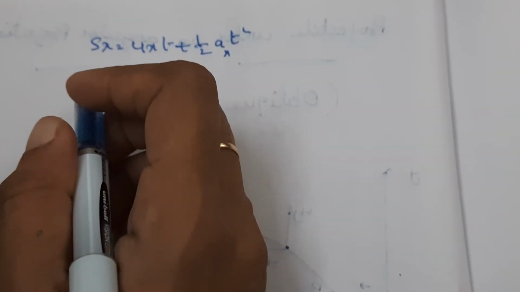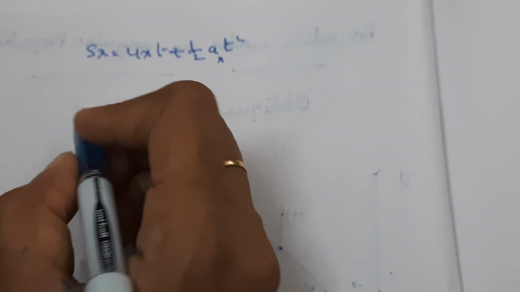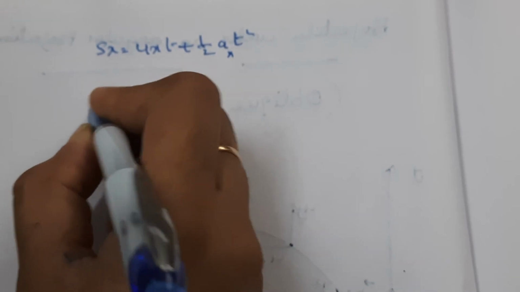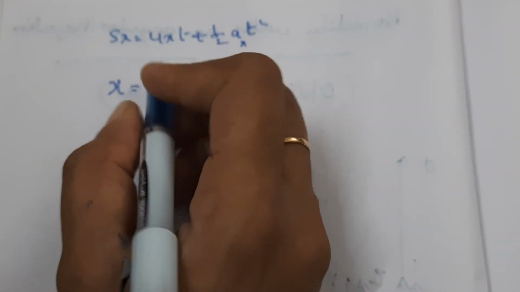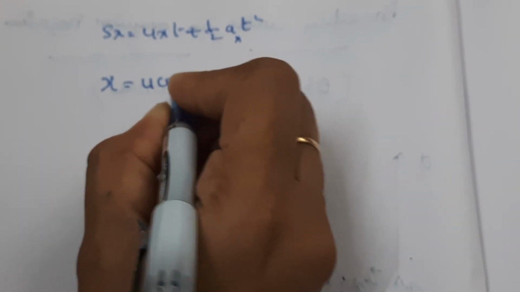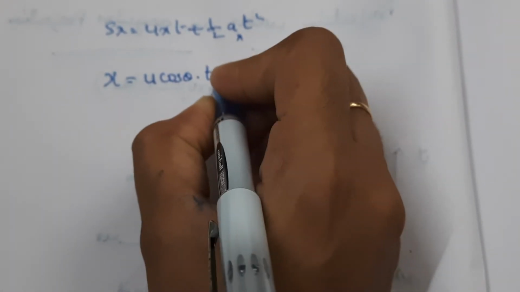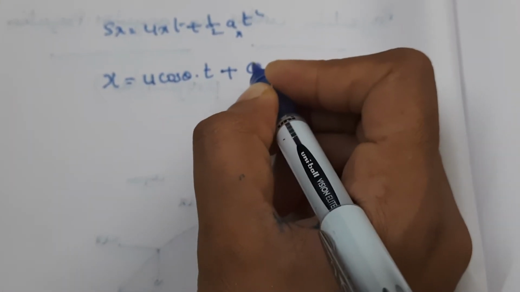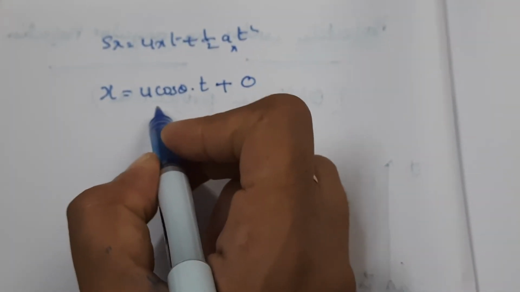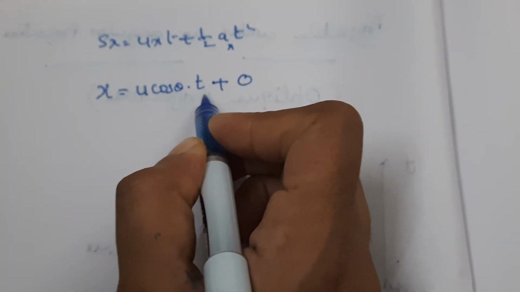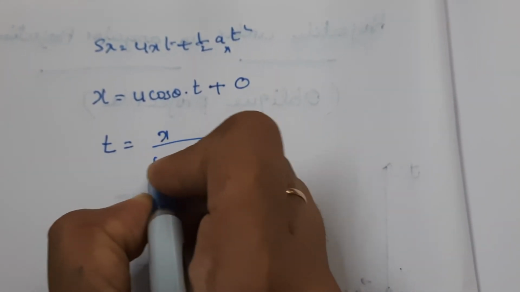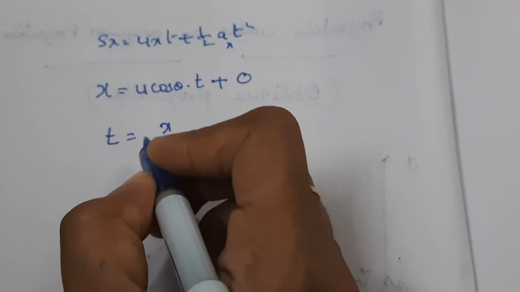That is, the horizontal distance travelled by the projectile in time t is Sx, x is equal to ux, u cos theta into t plus half ax, where ax is equal to 0. So it is equal to 0. So x is equal to u cos theta into t. From this we can write t is equal to x by u cos theta.